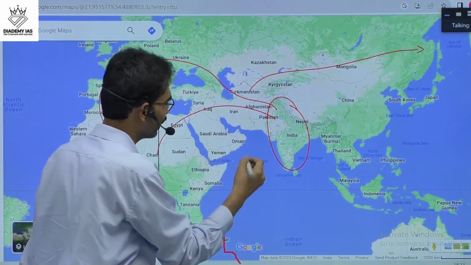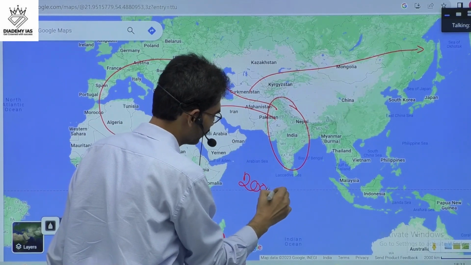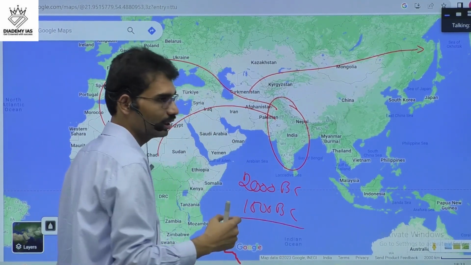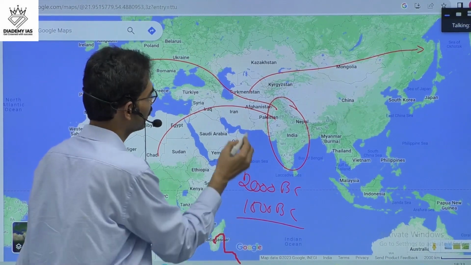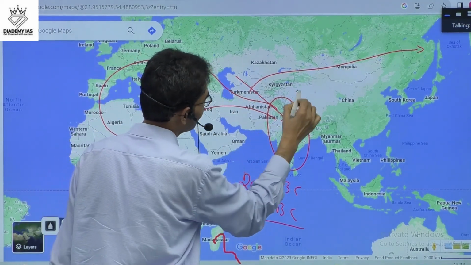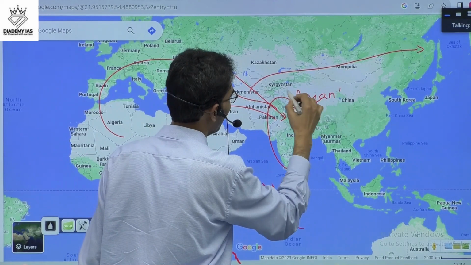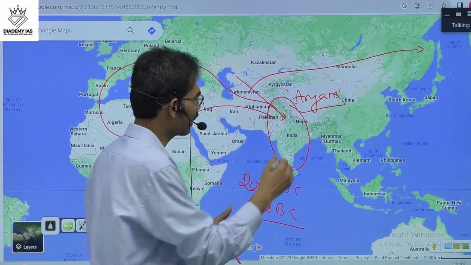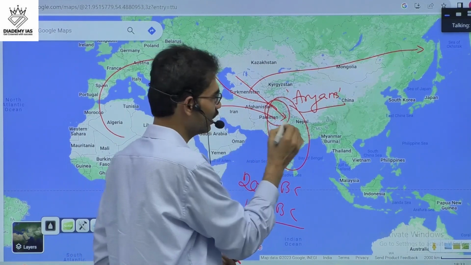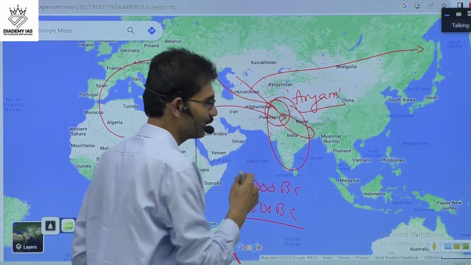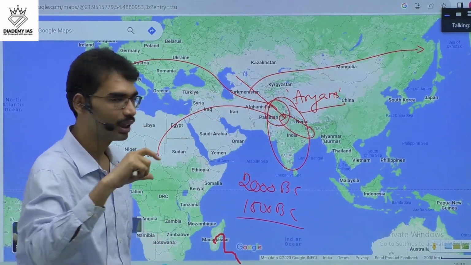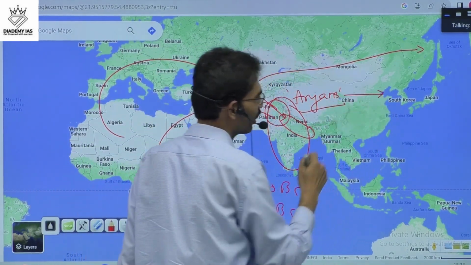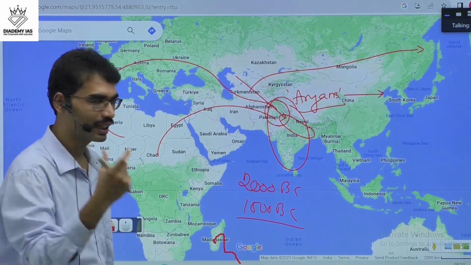Similarly, after some time, around 2000 BC and 1500 BC, we have seen a different kind of migration, which we call Aryans. When they settled in this location, initially they settled here, and later settlements expanded to the Gangetic Valley.